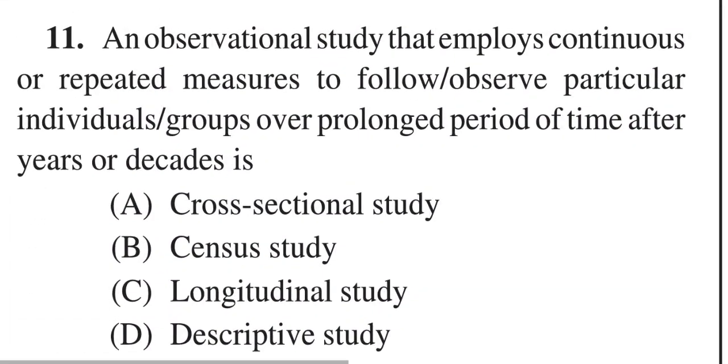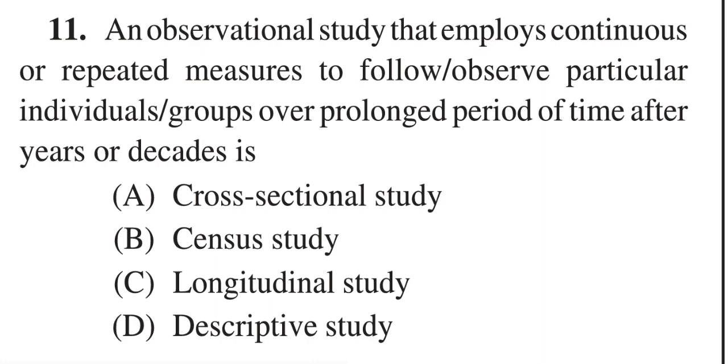Number 11, it says an observational study that employs continuous or repeated measures to follow or to observe particular individuals or groups over a prolonged period of time, after years or decades, is what? Cross-sectional study, census study, longitudinal study, descriptive study. This is also related to research aptitude.